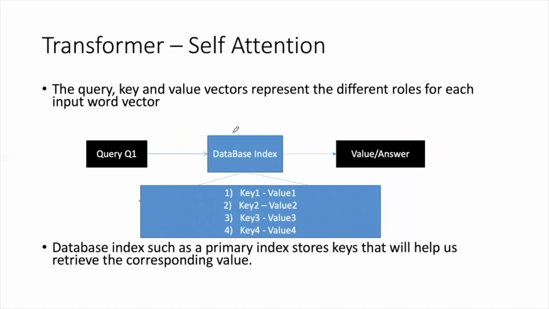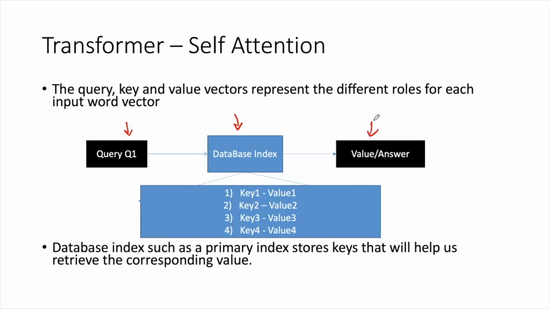One more way to get an intuition of what these query, key, and value matrices are is to consider the scenario of a typical database system. In a database system, let's say we have a database index. We typically have a primary index, secondary index, etc. When we pose a query to the database system, it uses the database index to help fetch the value or the answer.